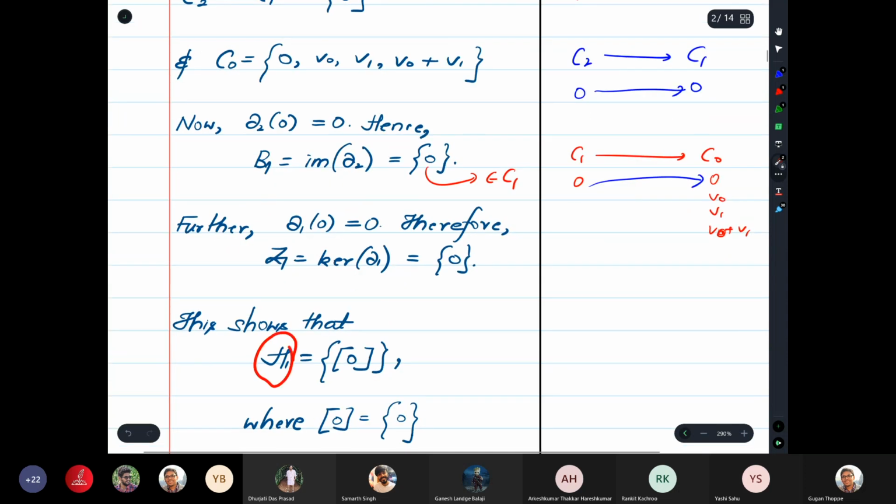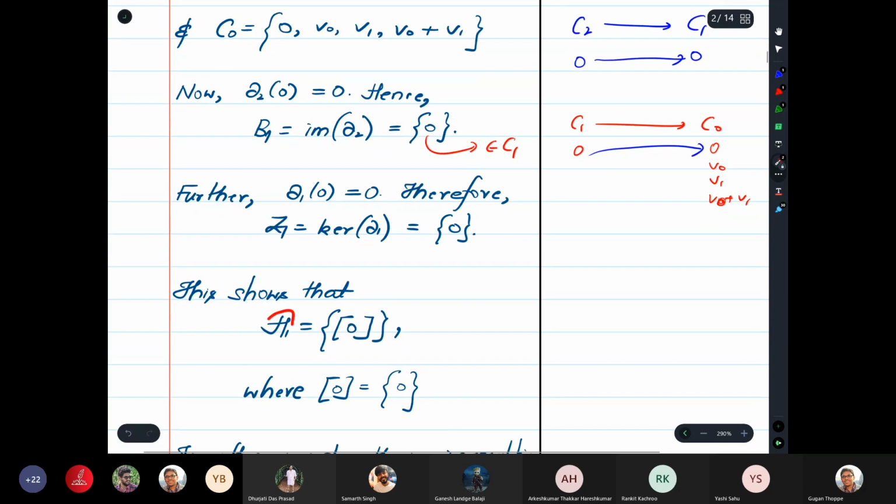So now we should be in a position to compute H1. H1 is the equivalence classes of all elements in Z1, and Z1 only has one element, so we only have to look at the equivalence class associated with that element. The equivalence class of 0 is all those elements in Z1 which are equivalent to 0.